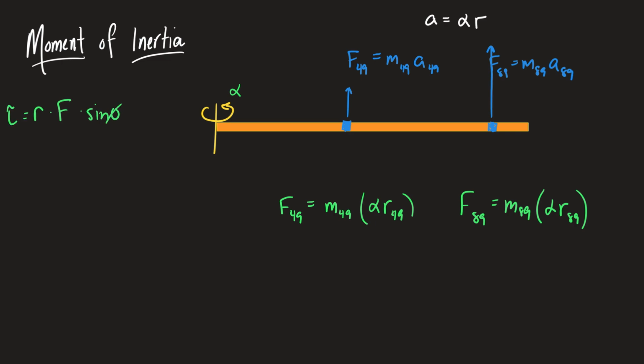So if I want to consider the torque on piece 49, the torque on piece 49 would be r49 times F49. This is the amount of torque applied. And I'm going to assume the angle's 90 degrees, which I think is a reasonable thing to assume.